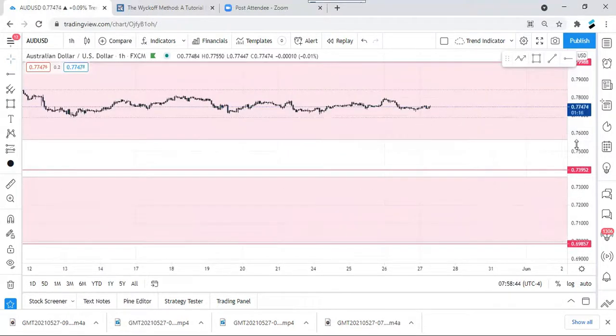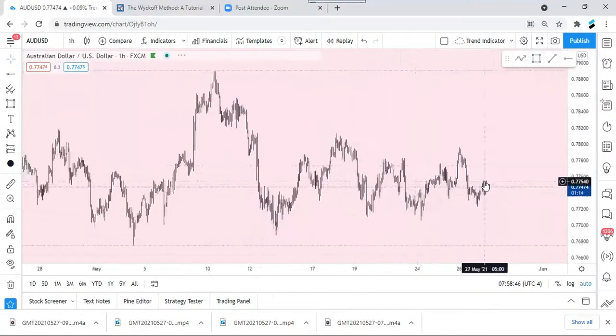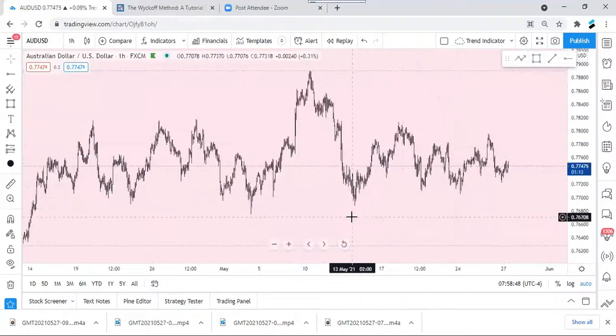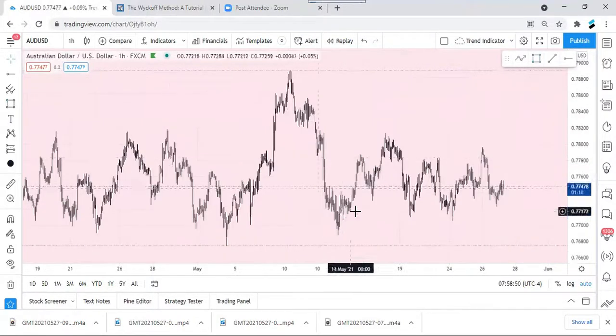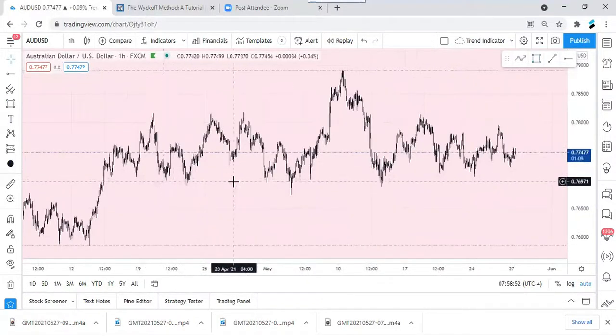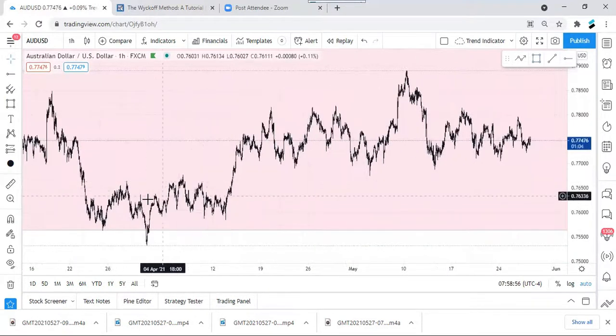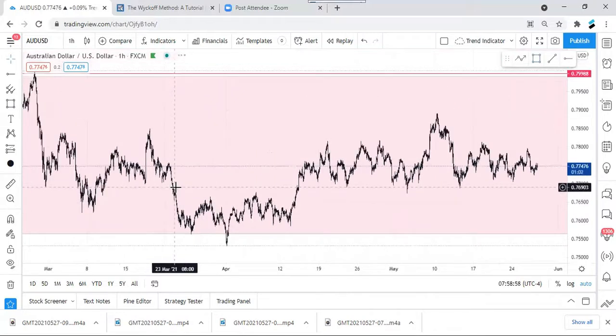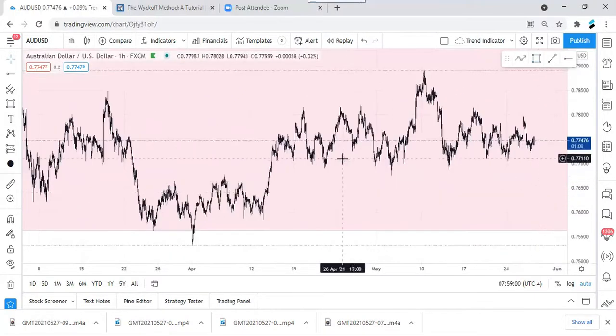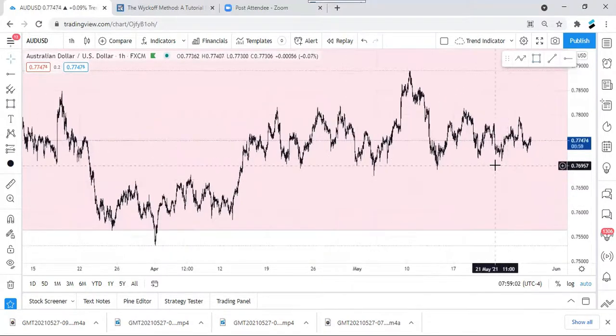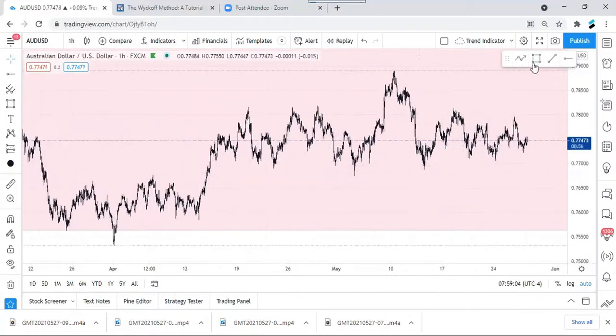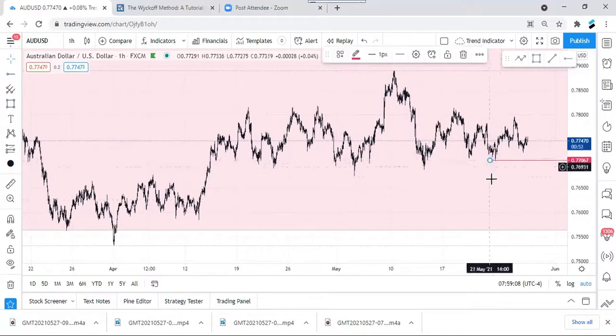Unless you go down to a lower time frame. Let's say I go down to the 1-hour time frame. In the 1-hour time frame, I know that I'm in the accumulation here, right? Over here, it's very difficult to trade, because you can see a lot of stop hunting. Let's say I want to buy here.